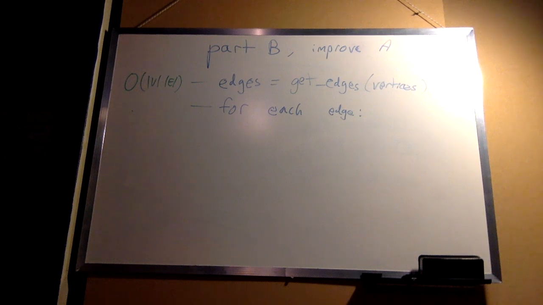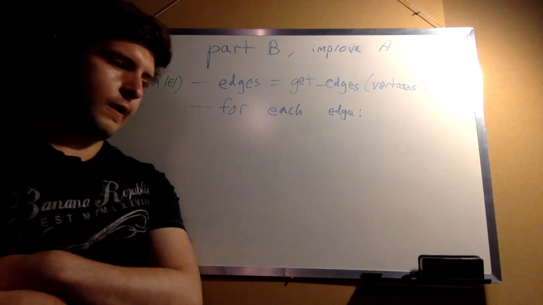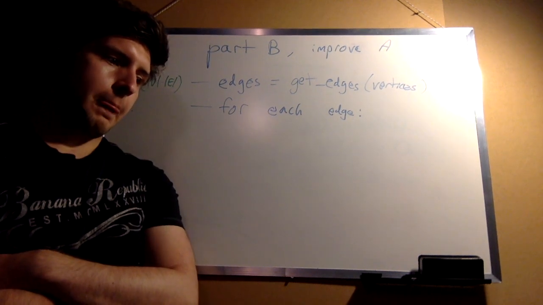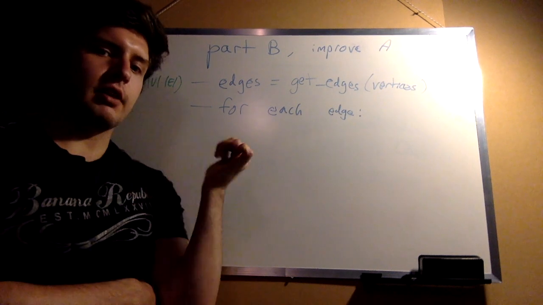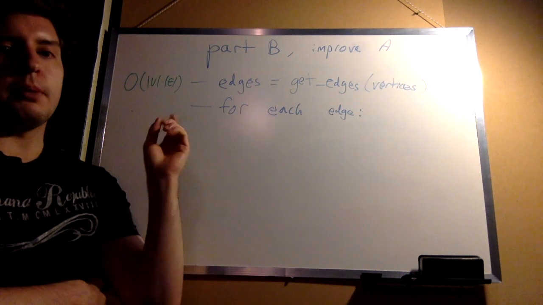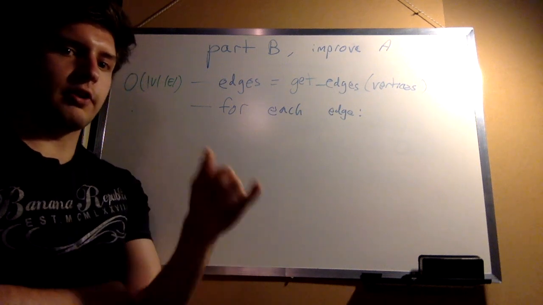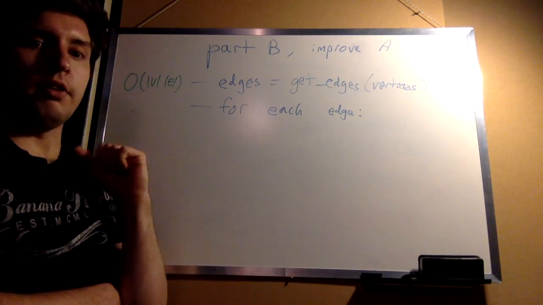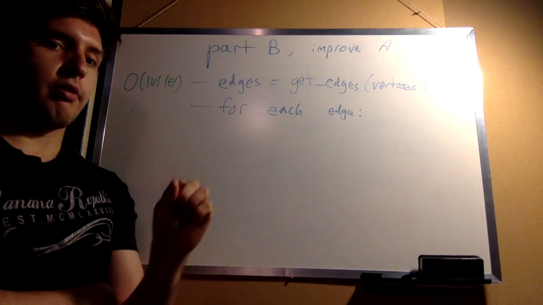Oh, what now? Well, in part A, what we did was, the last step was to check every other vertex not included in that pair to see if it had an edge connecting to each end of those two vertices.